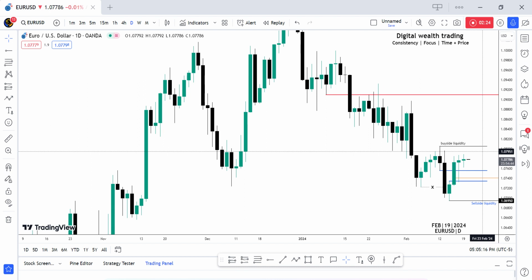So I am indeed pleased to see today price swept Friday high, which is the buy side liquidity, and retrace back into the range, also creating a sell side liquidity for tomorrow price delivery, which is the low of the day.